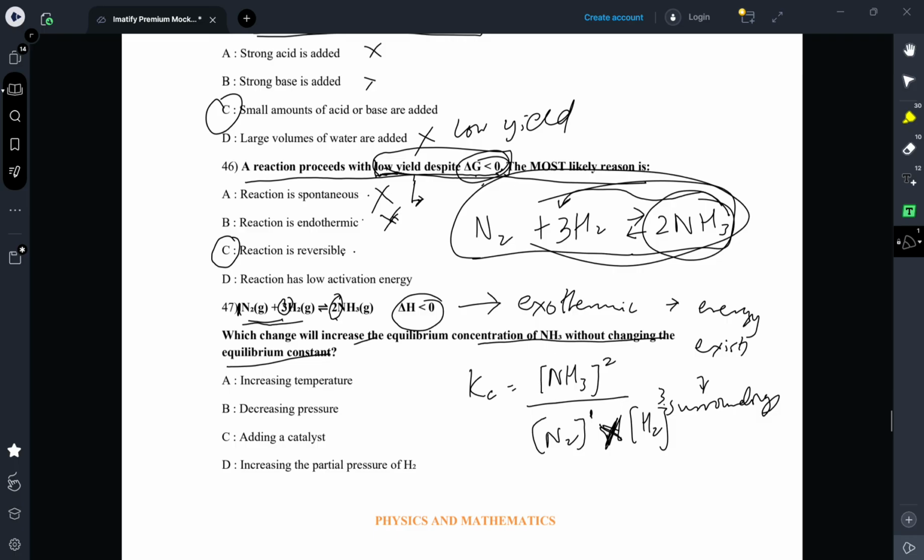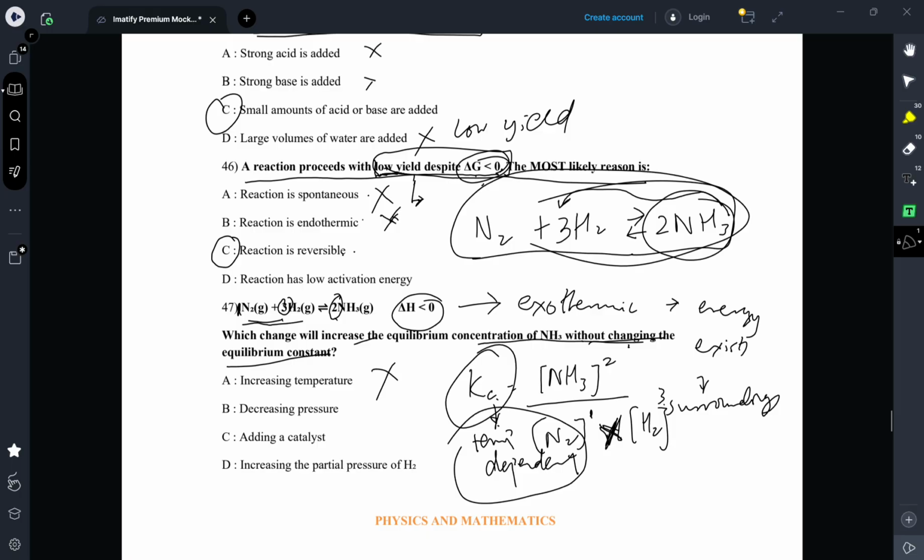So this is how we calculate the Kc. The only thing which changes the Kc is the temperature, and they are saying without changing the equilibrium constant. Kc is temperature dependent, so you can exclude this one, because we don't need to change the temperature.